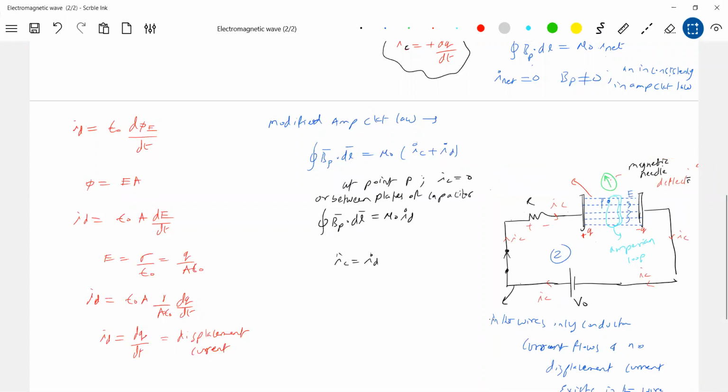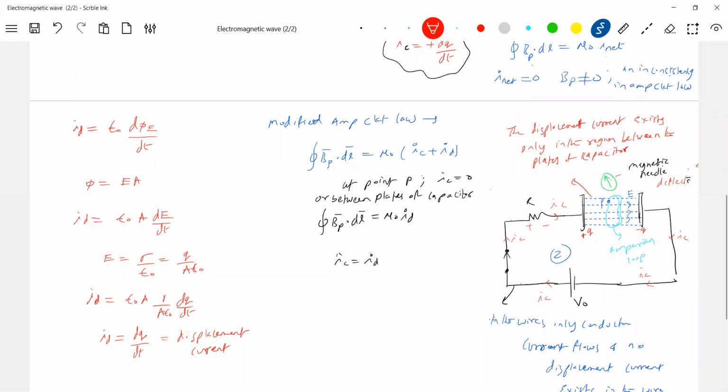No. The displacement current exists only in the region between the plates of the capacitor.